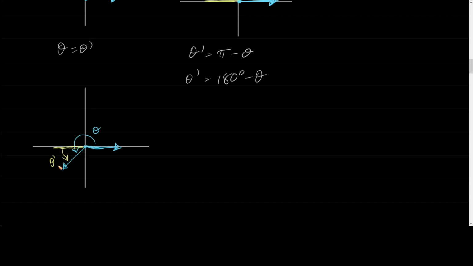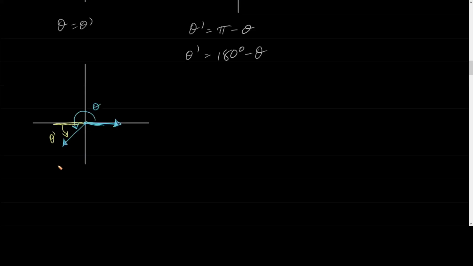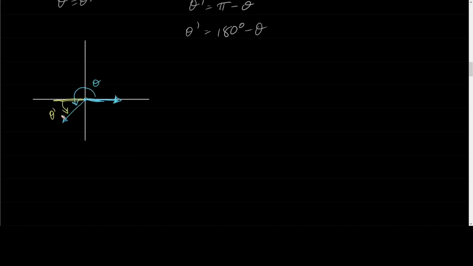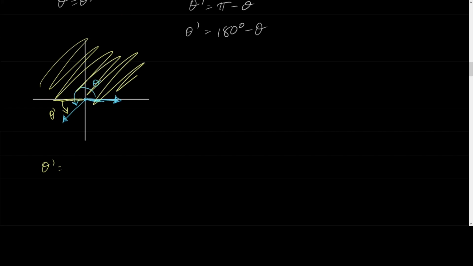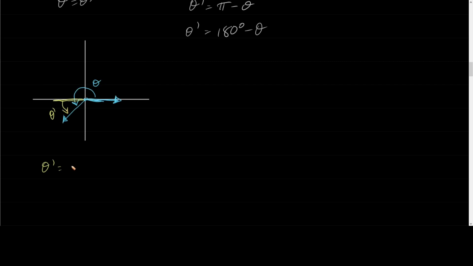Now, to figure out what angle this is, we take the entire angle minus the top half. If I remove the top half from this entire angle, it gives me just my reference angle. So it's theta minus pi in radians. In degrees, it would be theta minus 180 degrees.